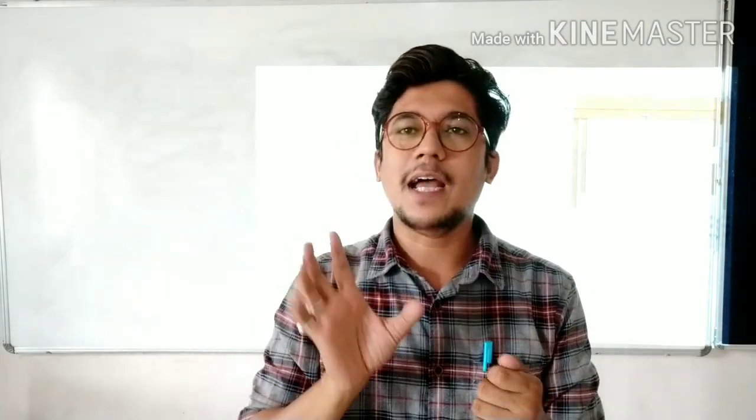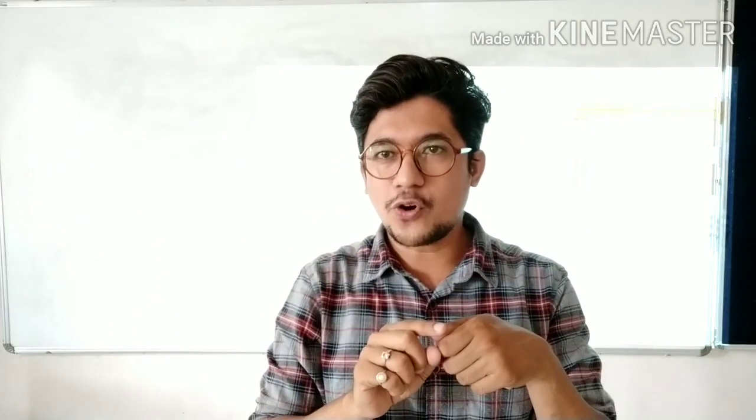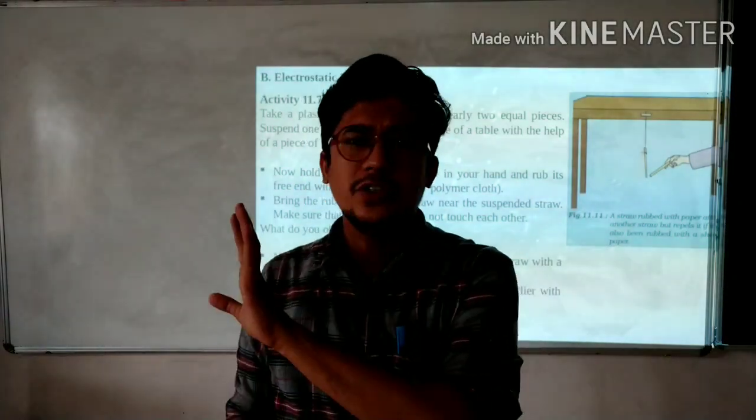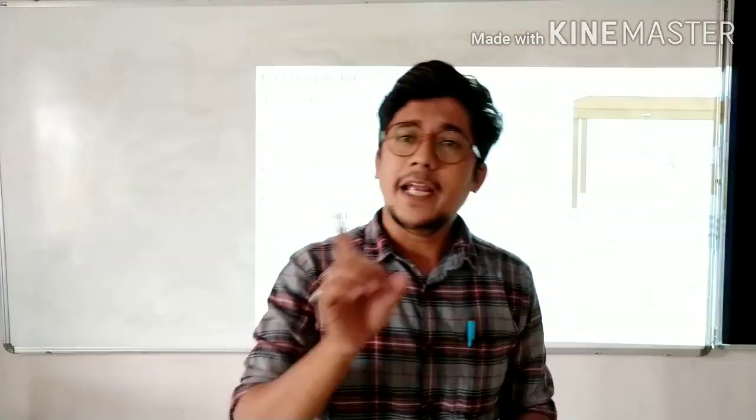That is why we can say that after rubbing a straw with polyester, that straw will be positively charged. Okay, and the straw which is hanged with the table does not contain any charges. Yes or no? Or else we can say it has both the charges, negative and positive also.